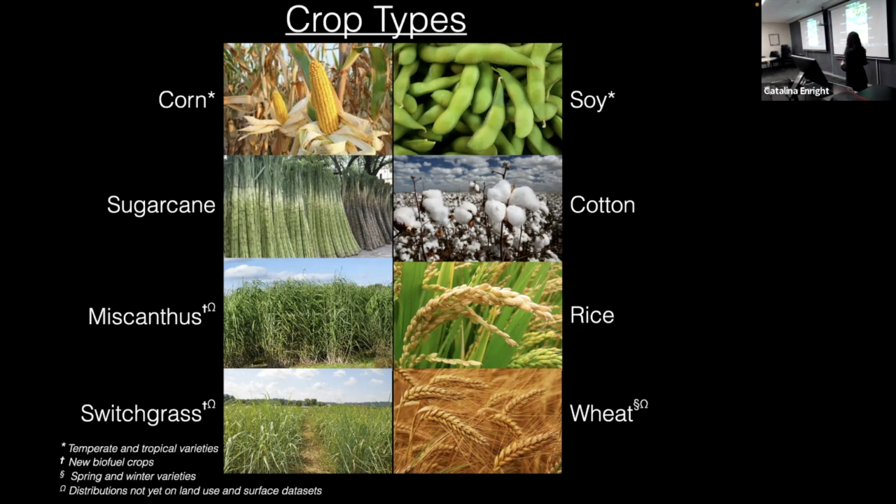And then we also have a representation of wheat. We actually have two types of wheat that we represent, winter wheat and spring wheat, but we can't easily distinguish where winter wheat is growing versus where spring wheat is growing. And so it makes it hard to use both of those. So for wheat, what we're doing right now is we're currently simulating all wheat areas as spring wheat, even though we know that that's not accurate.